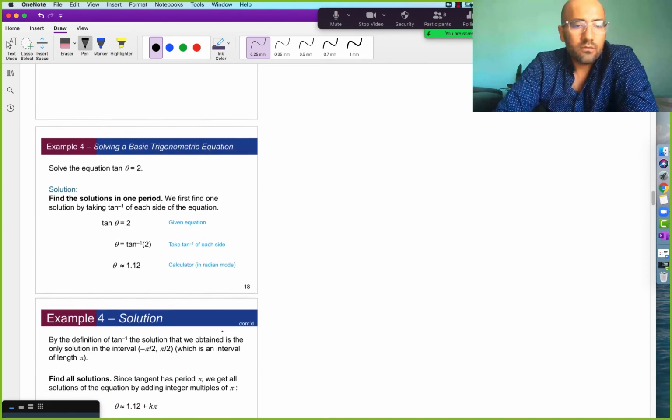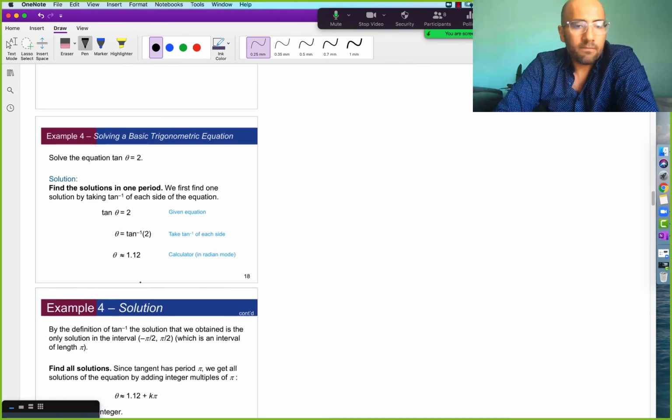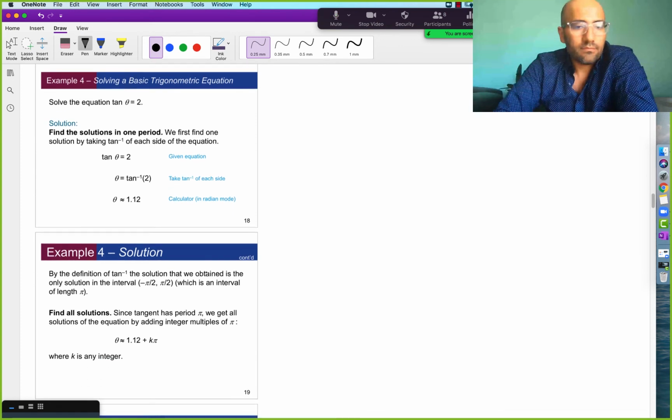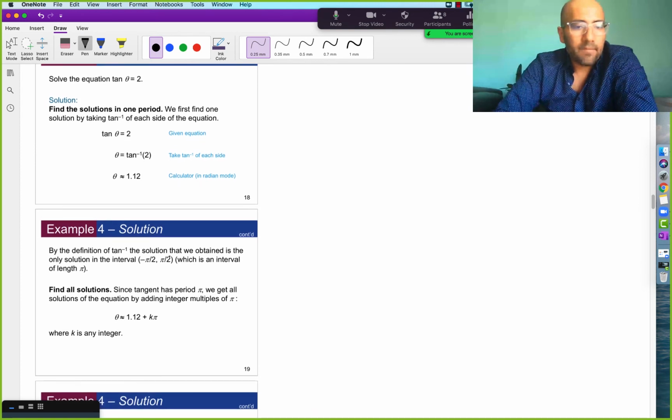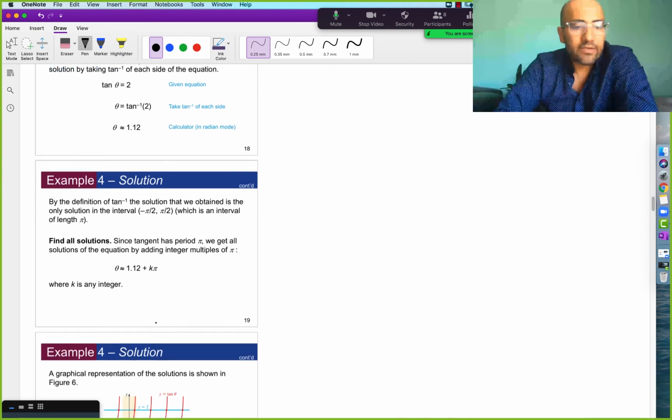Good. Okay. You can also do it in radians. If we do it in radians, tangent inverse of 2 is going to get you to 1.12 radians in radian mode. And then we add multiples of pi instead of 180 degrees.